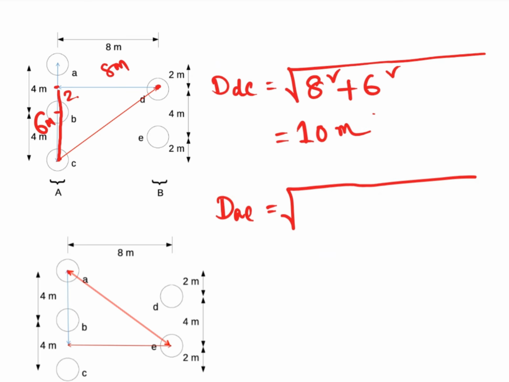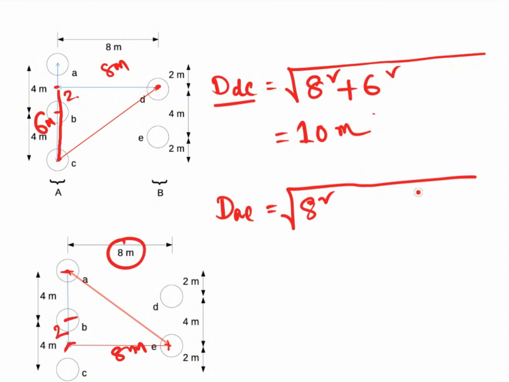So from here to here the distance is 6, because from here to here is 4 and this much is 2, so 6. So same as distance DC and distance DA, it is 8 square, because from here to here is 8 meter.